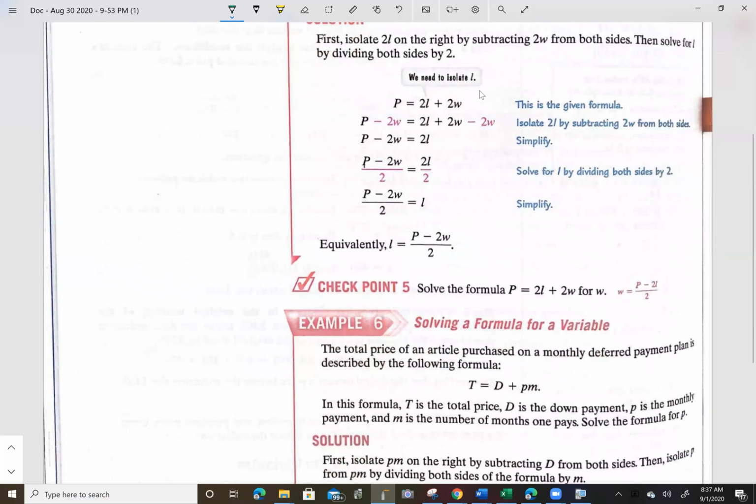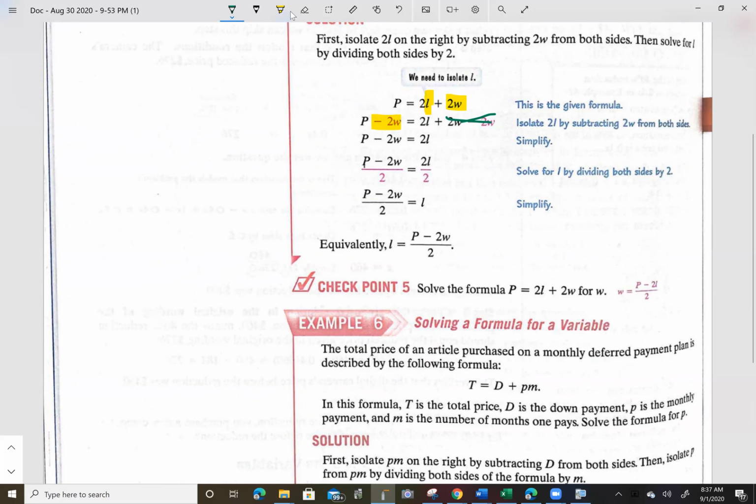If we are solving this equation for L, we need to get L by itself. We need to isolate it. So the first thing they do is subtract 2W from each side, which cancels this out.